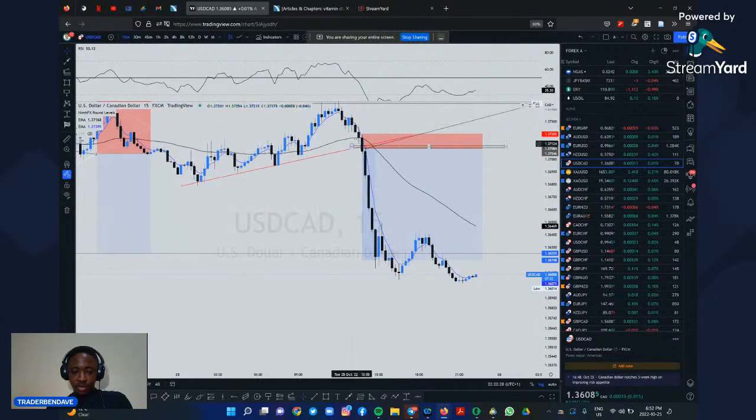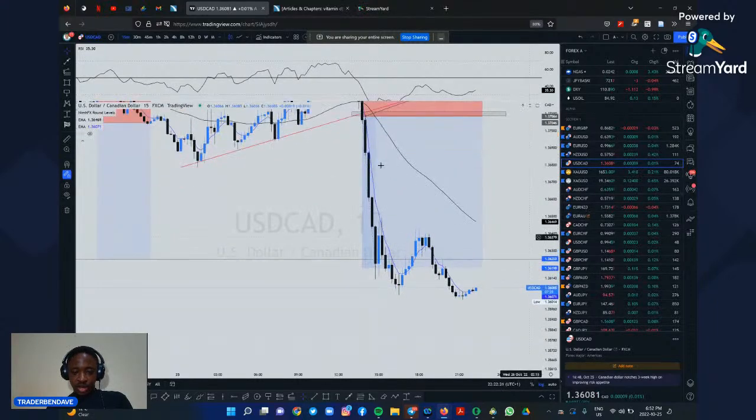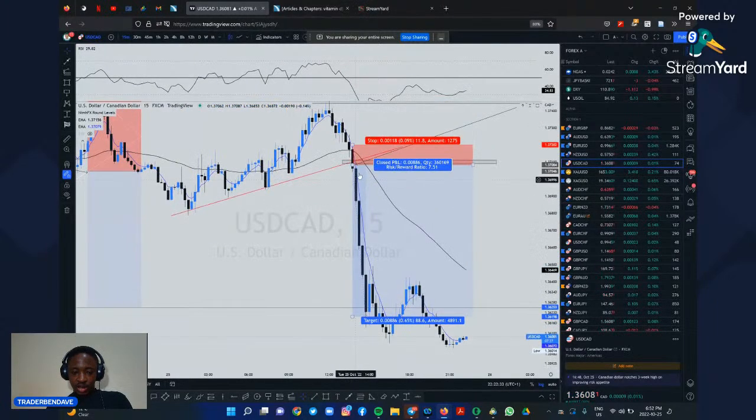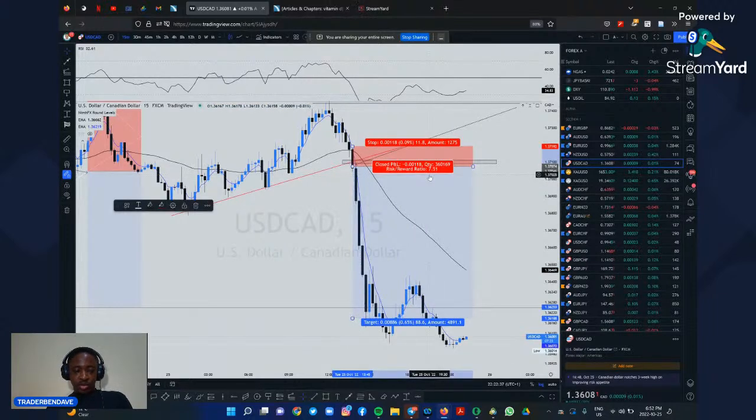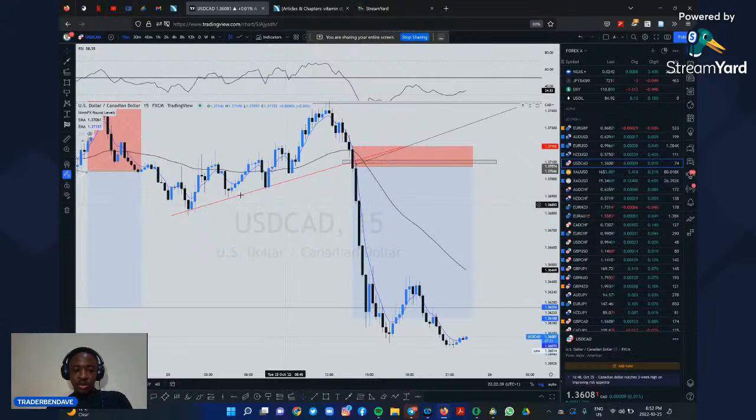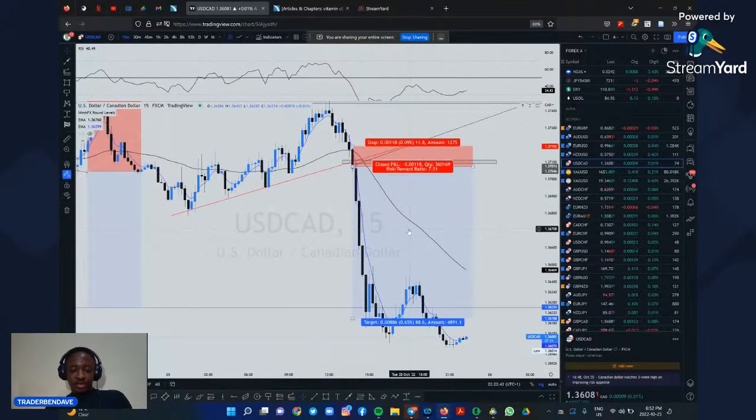But when price came and broke this trend line here, I got in here, and now this second trade was 1:7 risk to reward ratio, right? So going from a 1:3 risk to reward ratio to another second trade that is 1:7 risk to reward ratio.